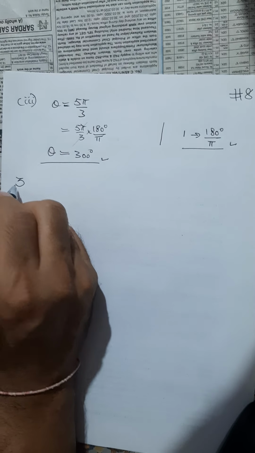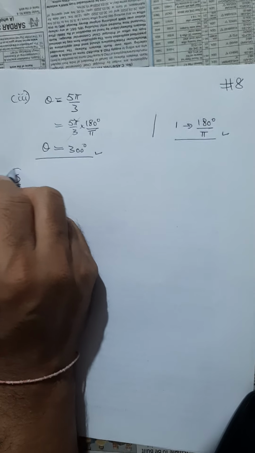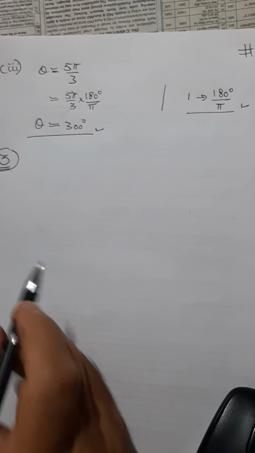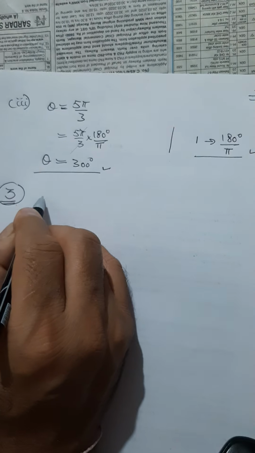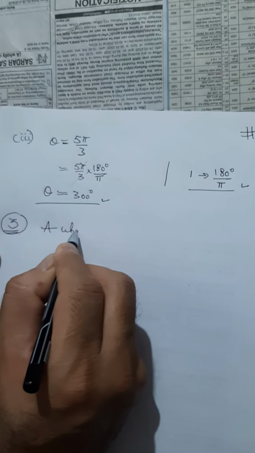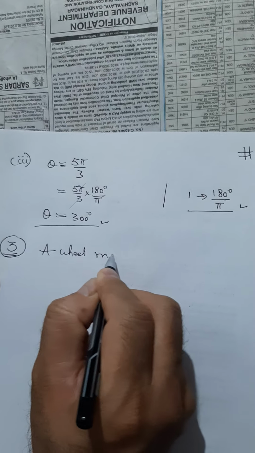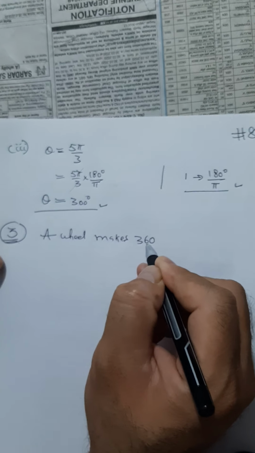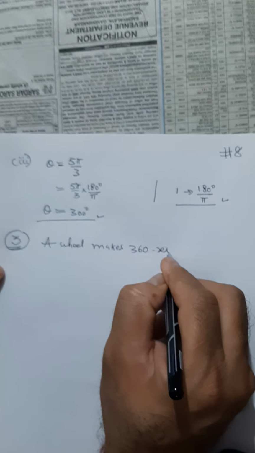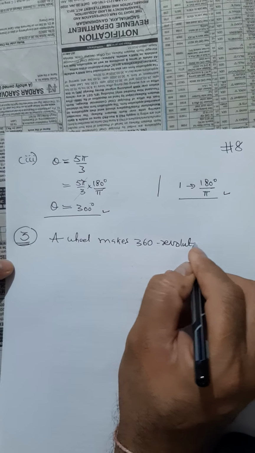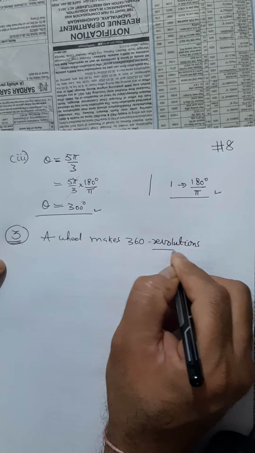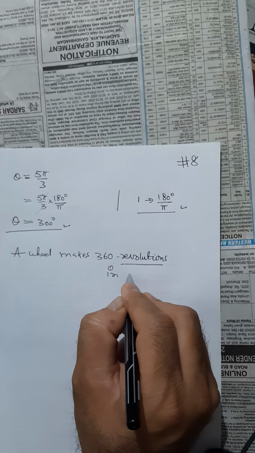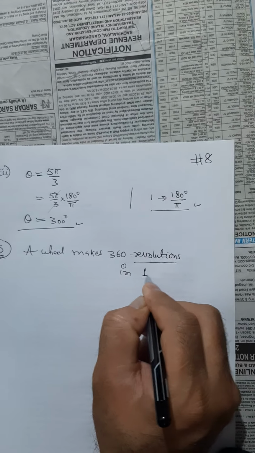Now question number 3. Next main question 3. Question says that a wheel makes 360 revolutions in 1 minute.